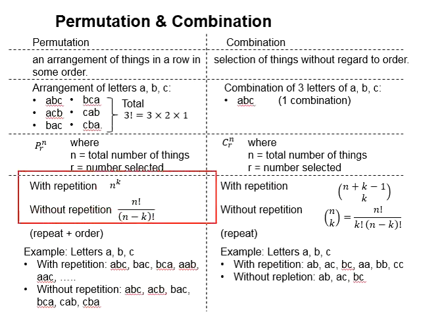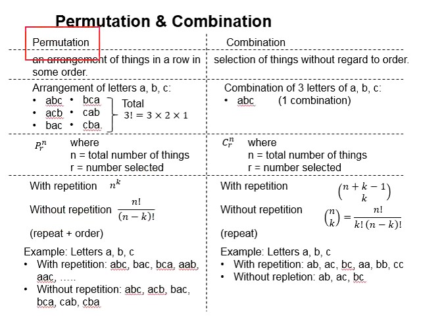Luckily, we have the equations here. For permutations with repetitions, it will be n to the power k, while without repetitions, it will be n factorial divided by (n minus k) factorial.